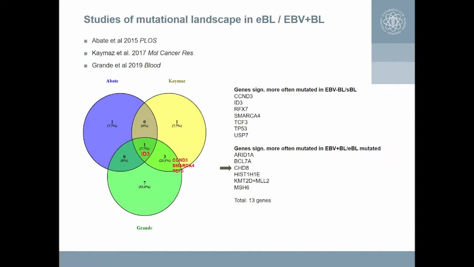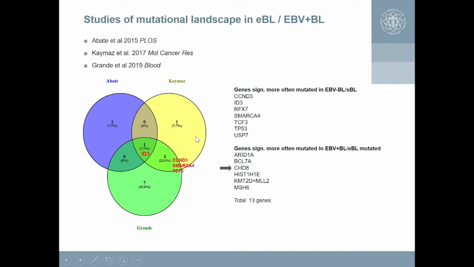And essentially, that's the same as what we see in EBV positive Burkitt lymphomas or endemic Burkitt lymphomas. There are mainly three huge studies which have investigated endemic Burkitt lymphomas and/or EBV positive Burkitt lymphomas. That's not always clearly distinguished.